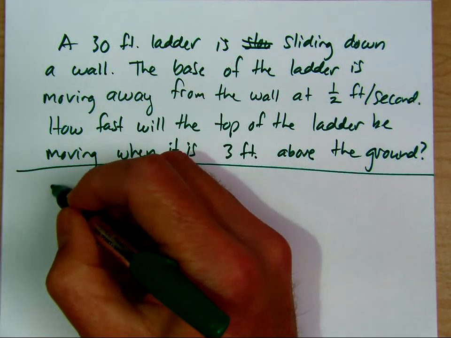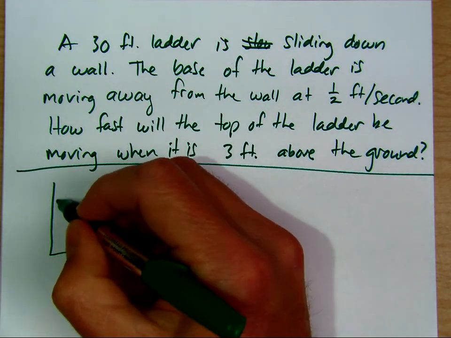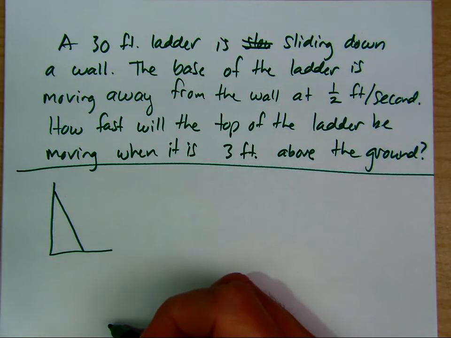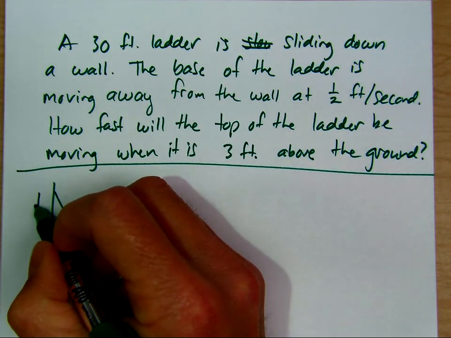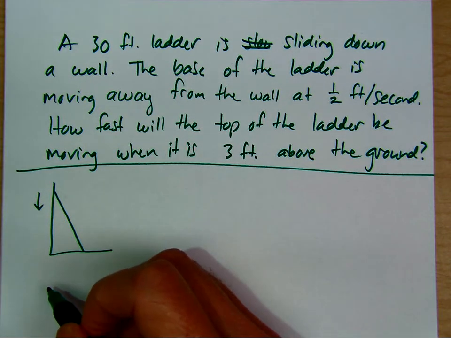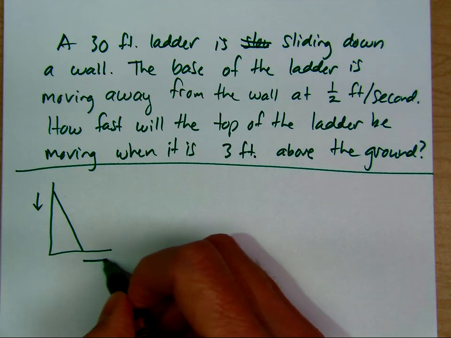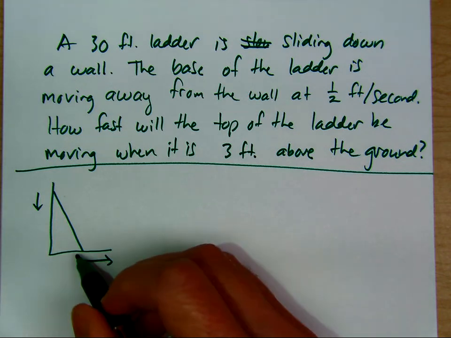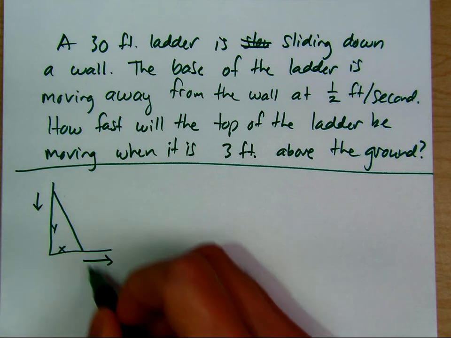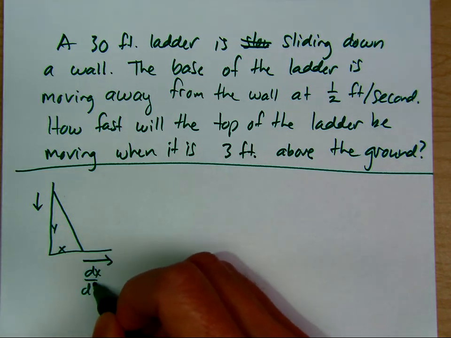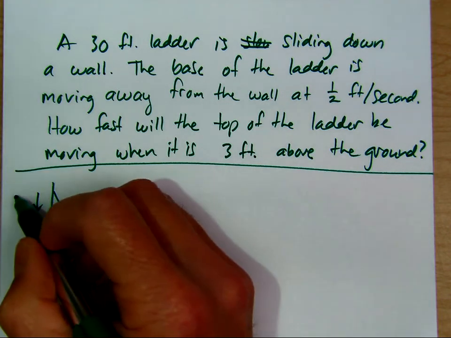We have the wall, and the ladder's leaning up against the wall. We know that the top of the ladder is falling down, and the base of the ladder is going away from the wall. So we have x and y, and then we have dx/dt and dy/dt.